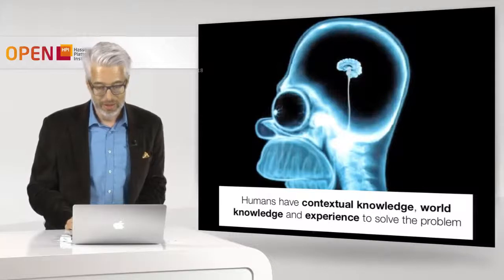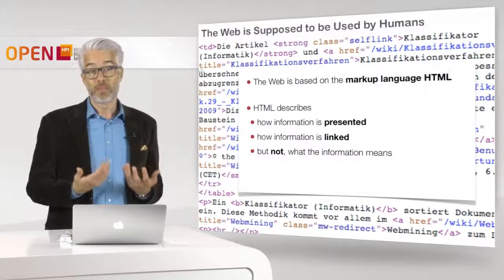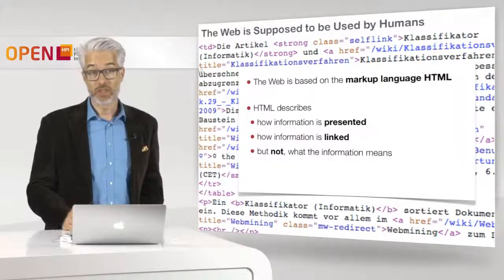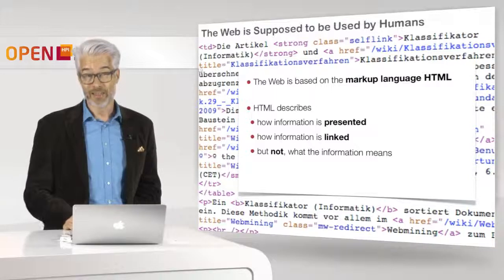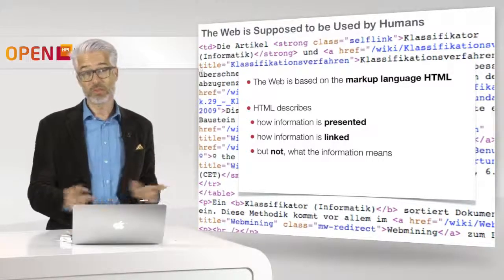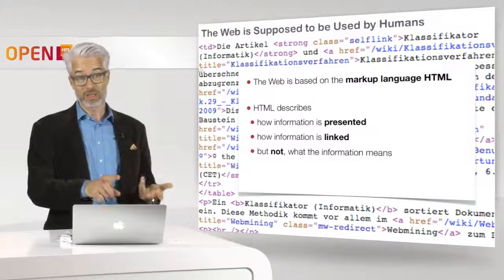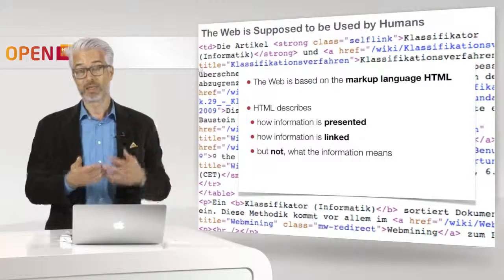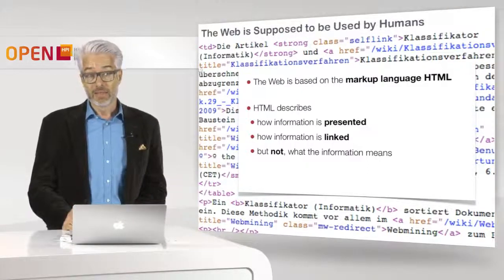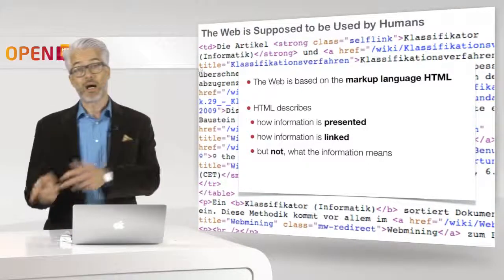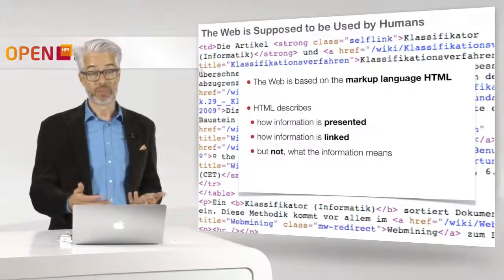But the web, as we know, is written in a markup language called HTML, the hypertext markup language. And this markup language tells us nothing about the meaning of that information. It only describes how the information in the web page is going to be presented, what is a headline, what is a bullet point, and how this information is linked to other information, so how this web page is linked to another web page.